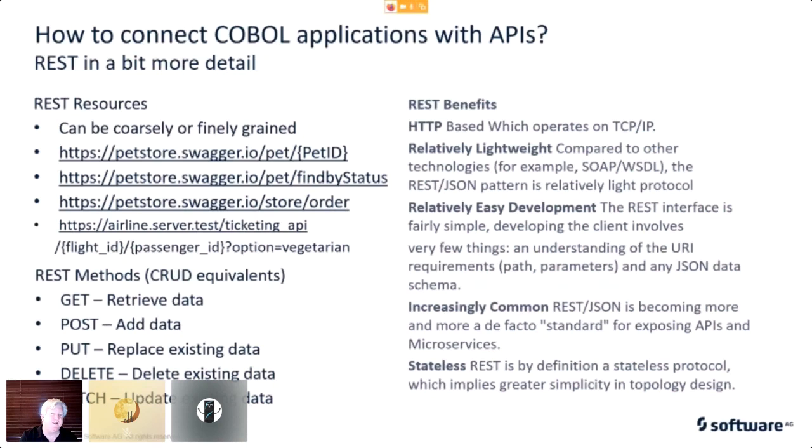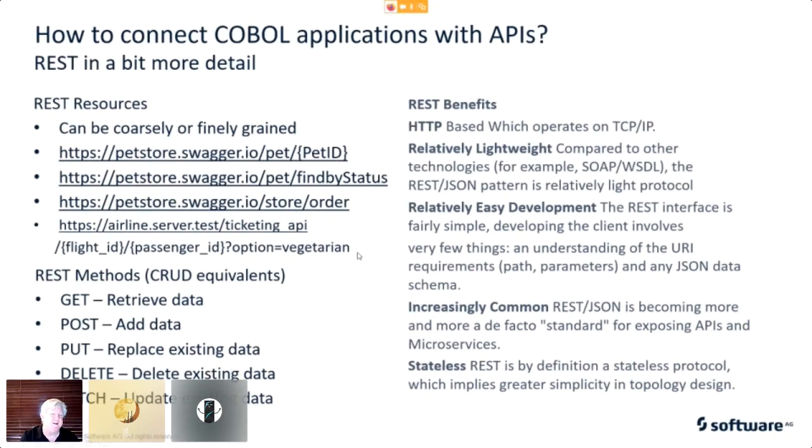functions within it. So I can get a pet by ID, I can get a pet by find status, I can get the store information where I can place an order. So that's one REST resource, but it has a lot of different functions underneath it. And one of the things you'll see here is a separate example.